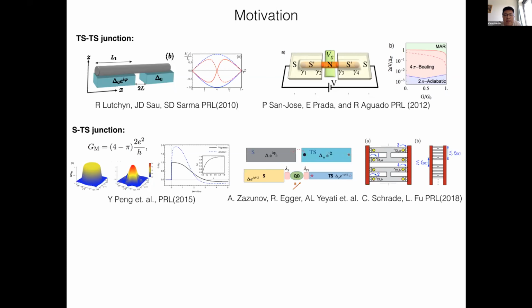A key observation on the proposals so far is that there is always an assumption of time reversal symmetry in the conventional superconducting lead. But in a realistic experimental setup, if you want to induce topological superconductivity, a magnetic field is always applied globally, so the time reversal symmetry in the conventional superconducting lead is inevitably broken.